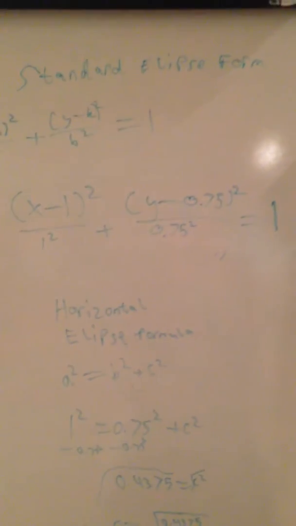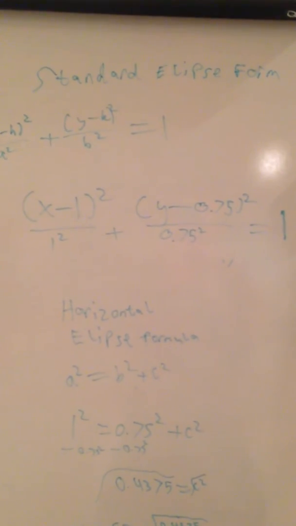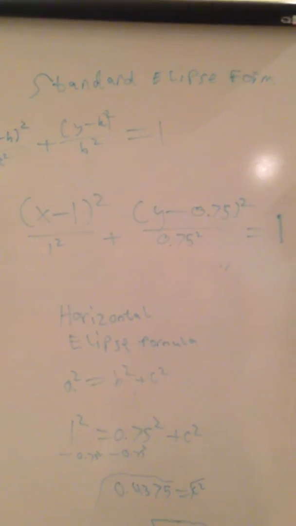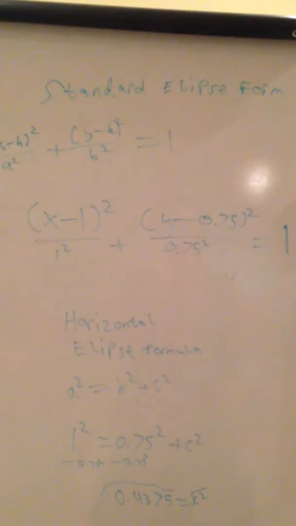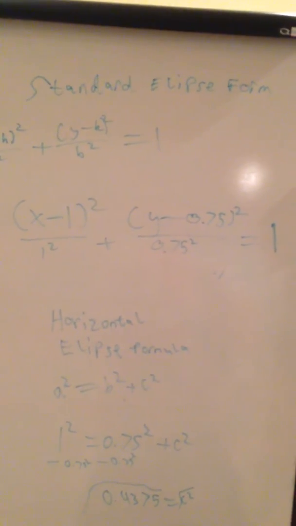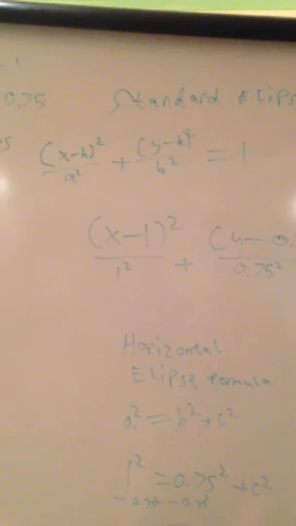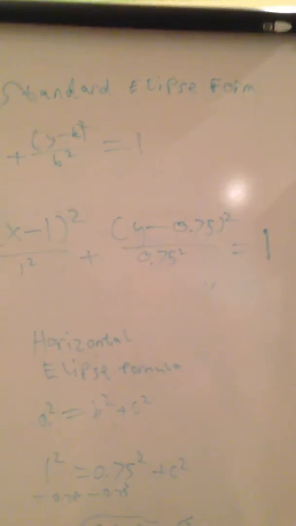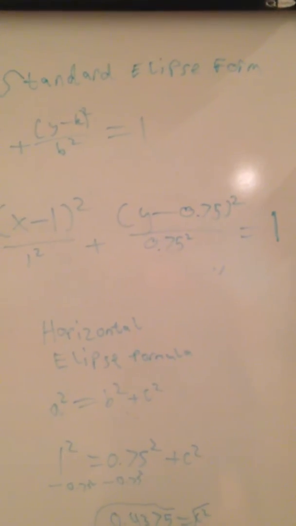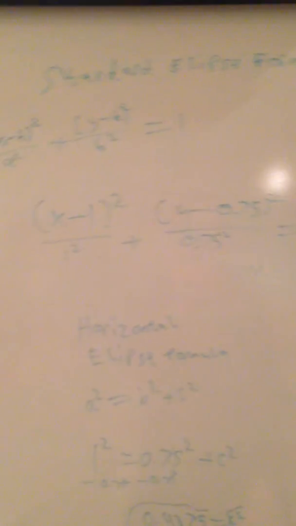So you just plug those in, and you have your standard formula for the ellipse right there. (x minus 1) squared over 1 squared plus (y minus 0.75) squared over 0.75 squared is equal to 1. And make sure if you graph it on Desmos, you put the equal to 1 side, or else it probably won't work.